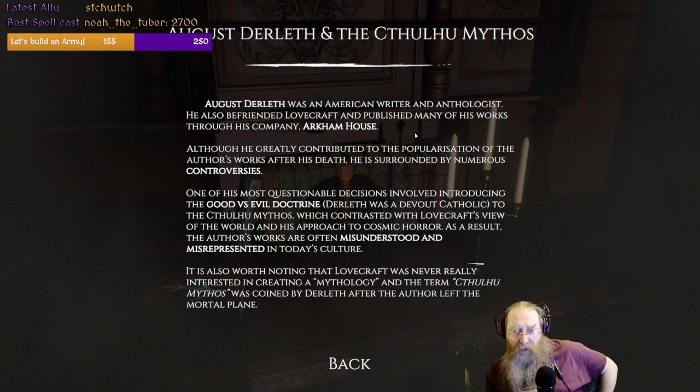Derleth was a devout Catholic, which contrasted with Lovecraft's view of the world and his approach to cosmic horror. As a result, the author's works are often misunderstood and misrepresented in today's culture. It is also worth noting that Lovecraft was never really interested in creating a mythology, and the term Cthulhu mythos was coined by Derleth after the author left this mortal plane.